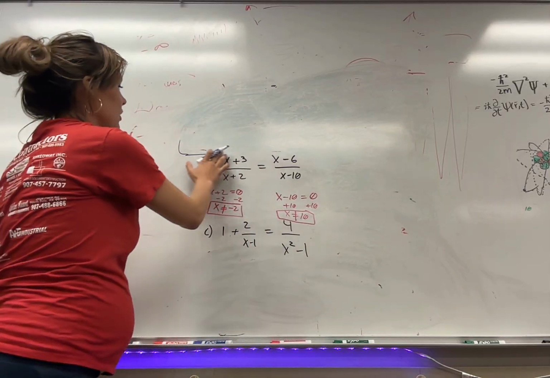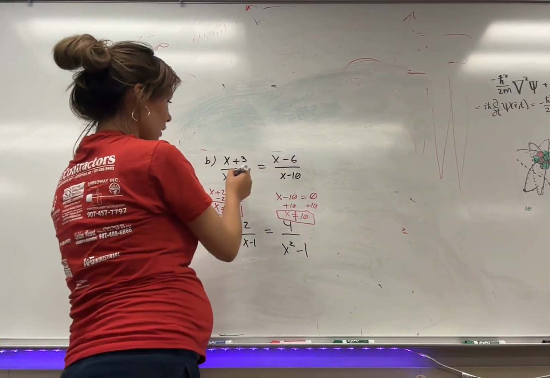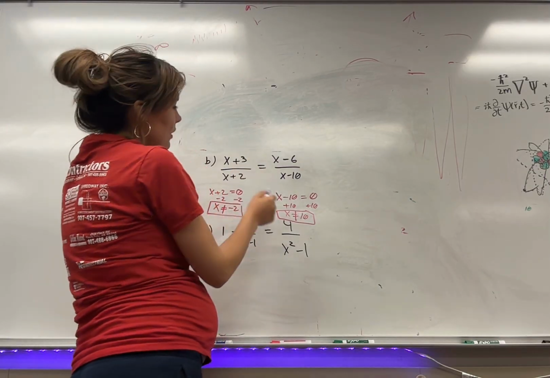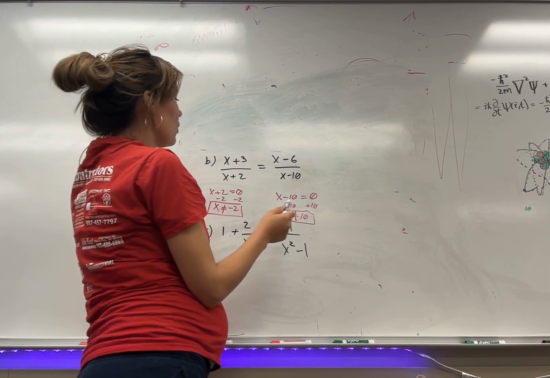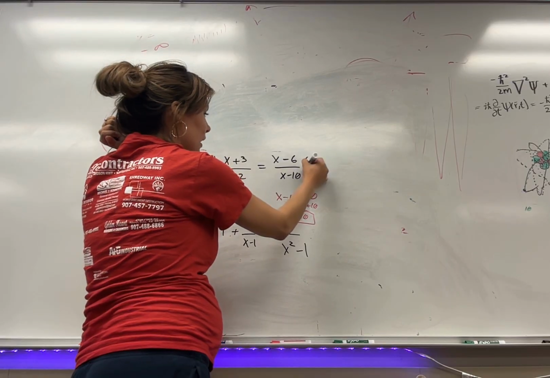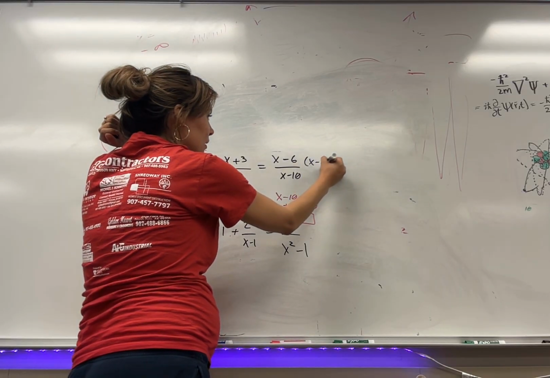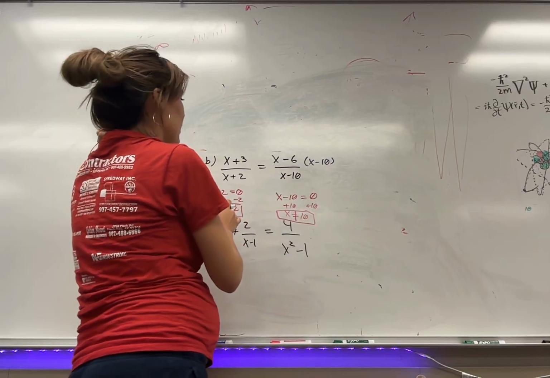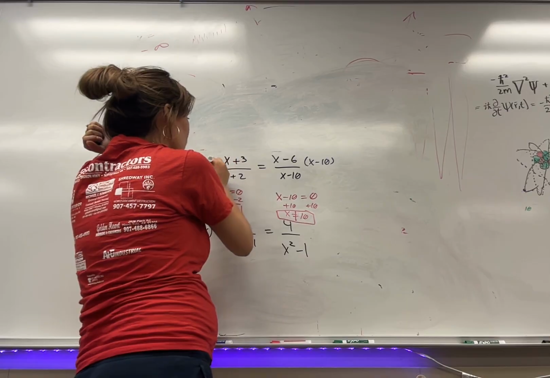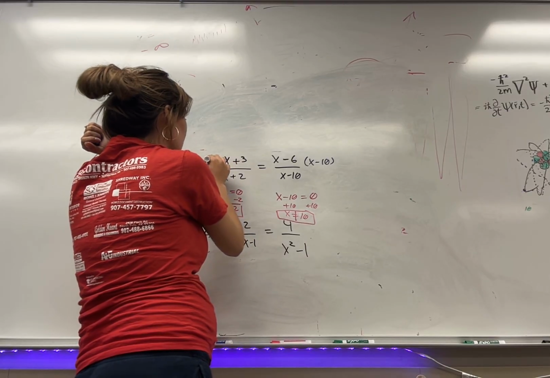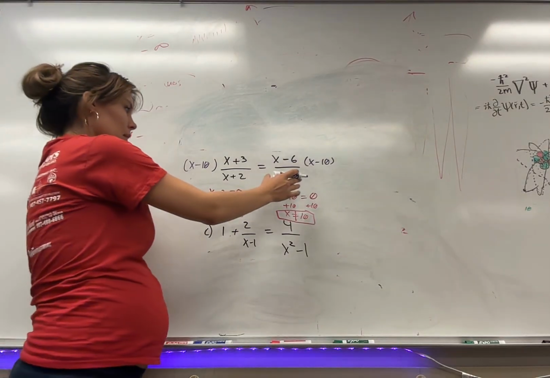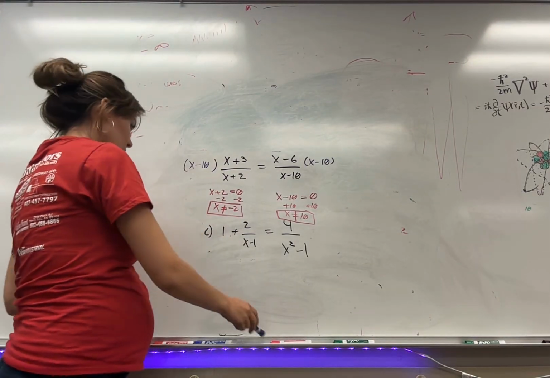So how do we do this? Essentially, we're trying to isolate one of these on one side of our equation. So in this case, you can cross multiply is what I would recommend. But essentially, it's the same as what we did before. So we'll do an x minus 10 on this side to get rid of the x minus 10 on this side. And we'll turn this into a 1. But again, we would have to multiply this by x minus 10. Okay, great. And over here, we want to get rid of the x plus 2.